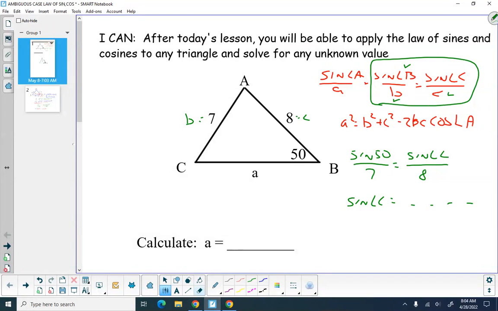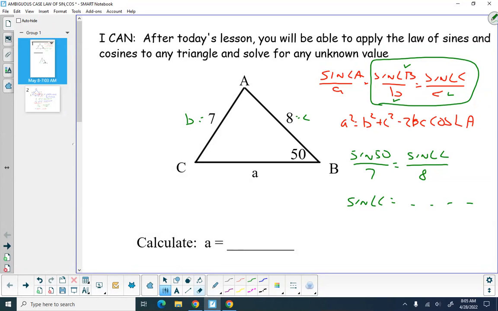To solve for angle C, what would we have to do to both sides, Paul? Sine of angle C is equal to some value. I want to solve for angle C. How do I get rid of that sine? How do we get rid of sine in our equations? Inverse sine.